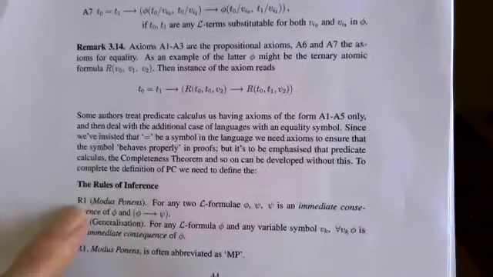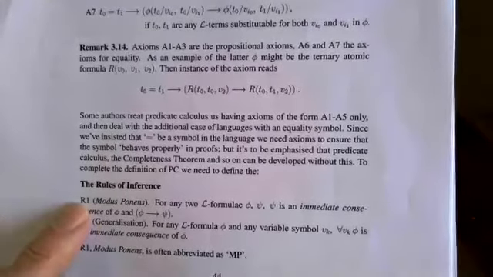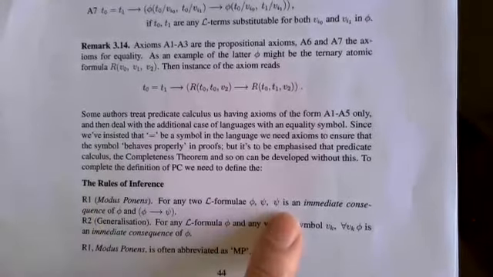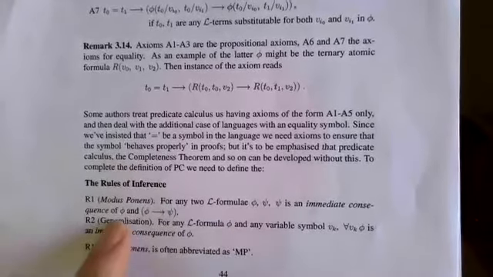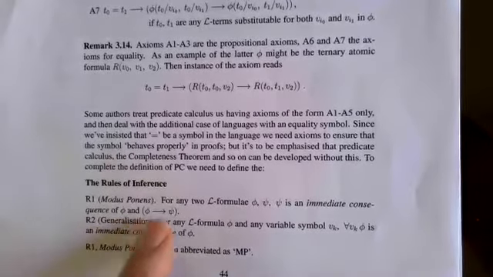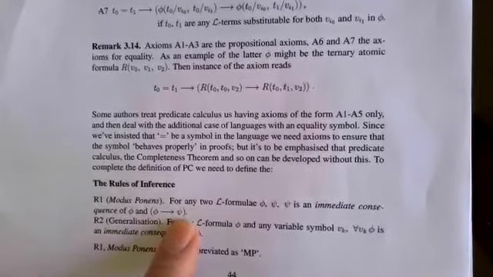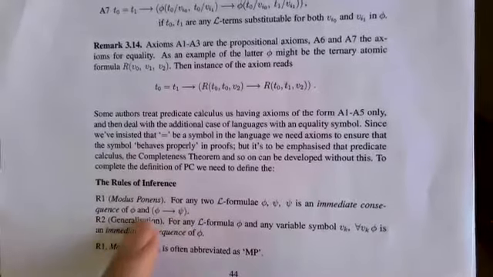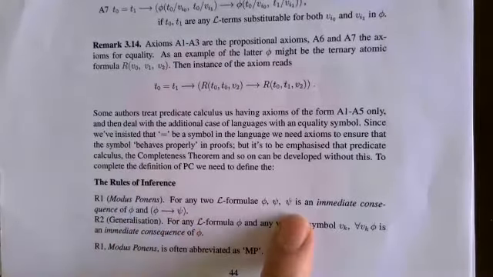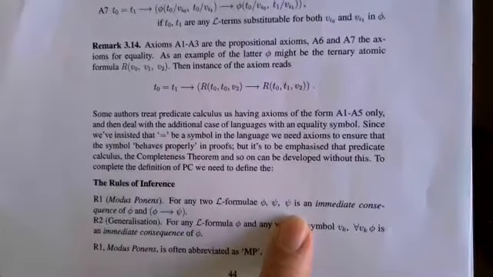The first is called modus ponens, which basically says if you've got P and you've got P implies Q, then you can deduce Q here.